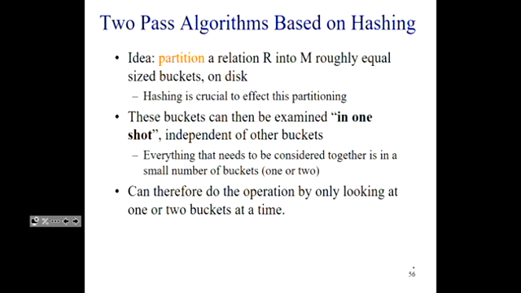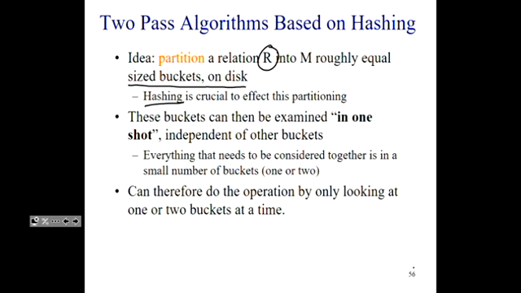So far we talked about sorting as one technique for a 2-pass algorithm, and another technique is to use hashing. The idea behind hashing is to partition relations into m roughly equally sized buckets on disk. And in order to do that, you need to have some form of hash function that will allow you to do this partitioning.